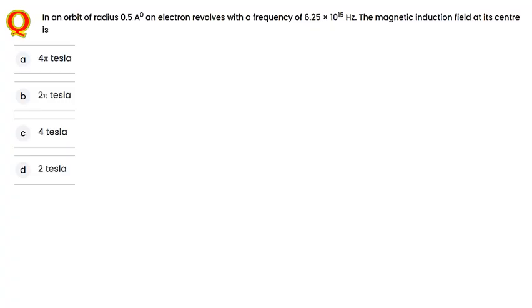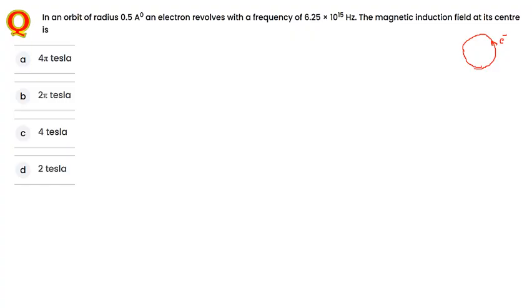Now let me tell you, for this one to understand better. You just consider a circular coil. Whenever the electron is revolving in a circular orbit with a frequency, that means in per second how many times it will be revolving.